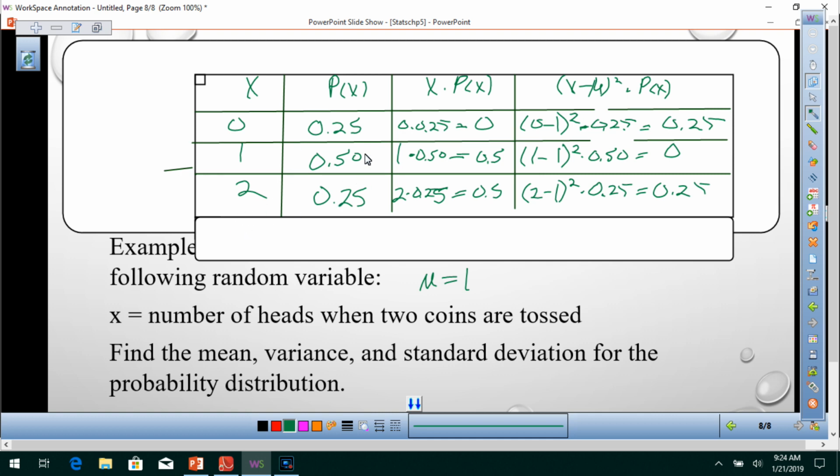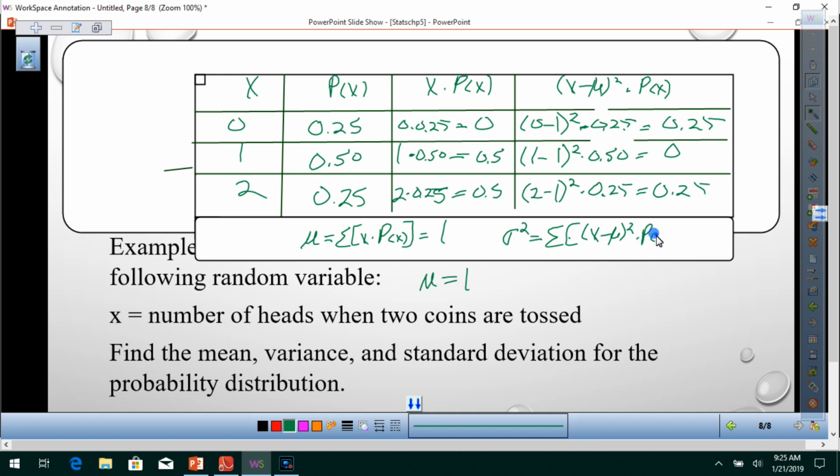So mu equals the sum of x times p of x, which equals 1, and sigma squared equals the sum of x minus mu squared times p of x, and that equals 0.5.